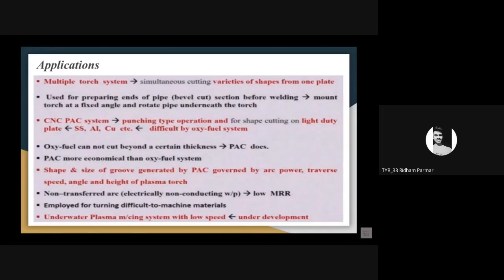The plasma torch is mounted tangentially at about 30 degrees to the workpiece. Attempts are being made to develop a successful underwater plasma machining system, although associated with low speed. So these are some applications of plasma.